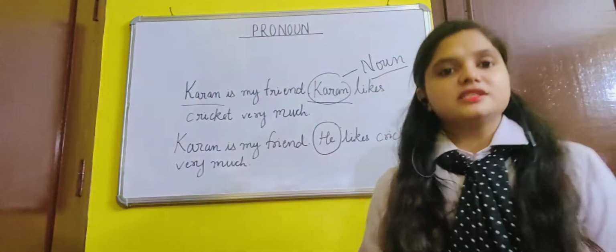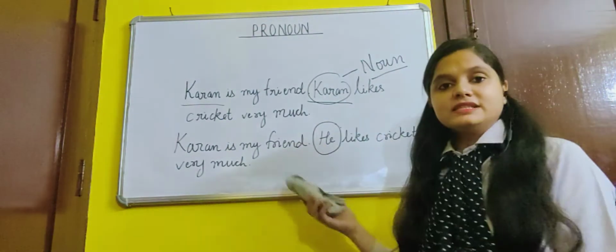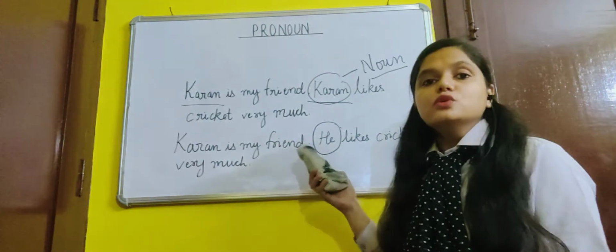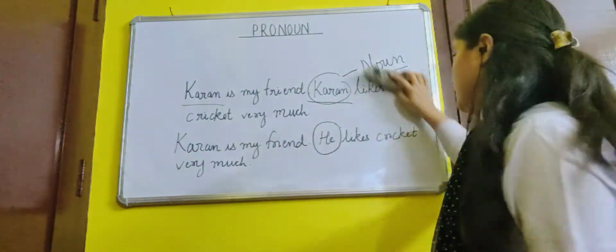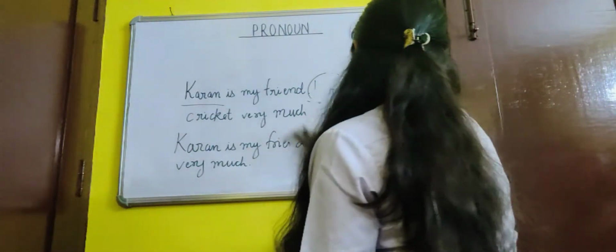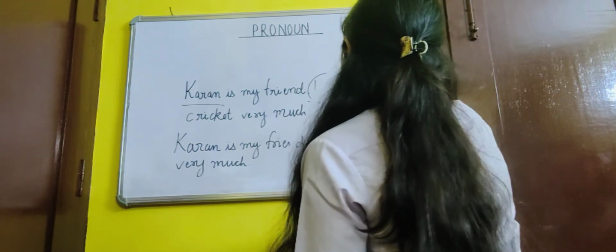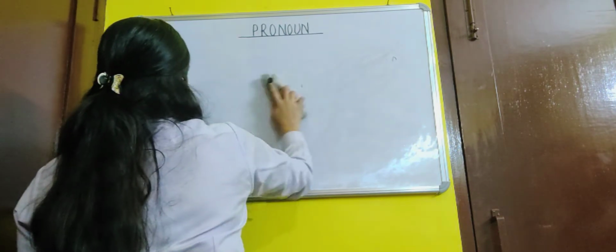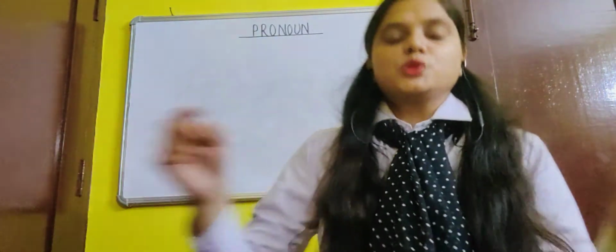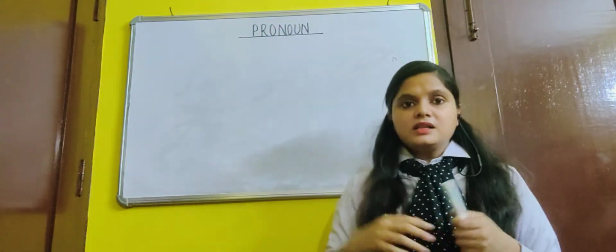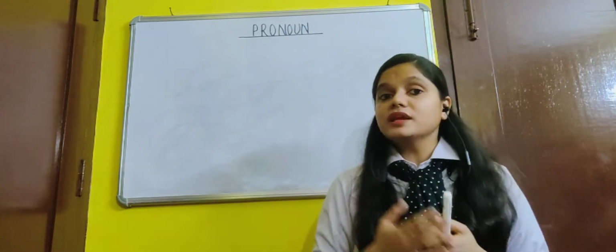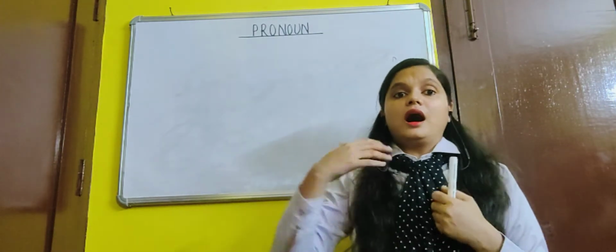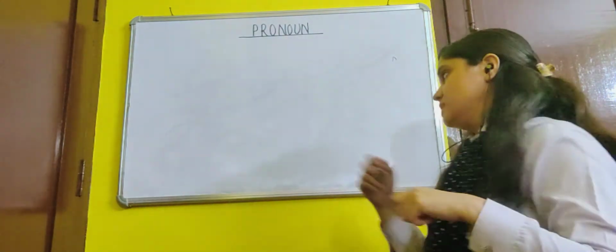What we call to such types of words that we use in place of a noun. So as we saw in the example, such words that we use in place of a noun are called pronouns.